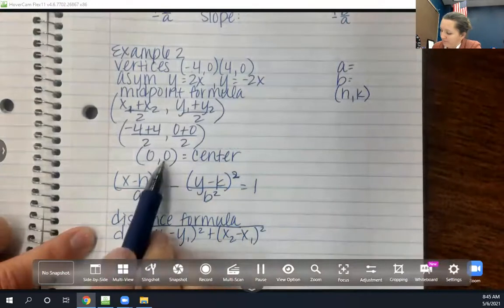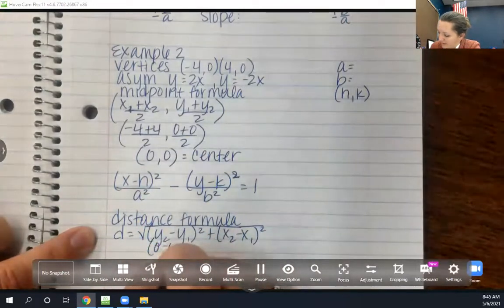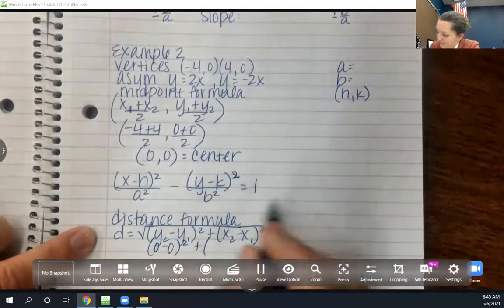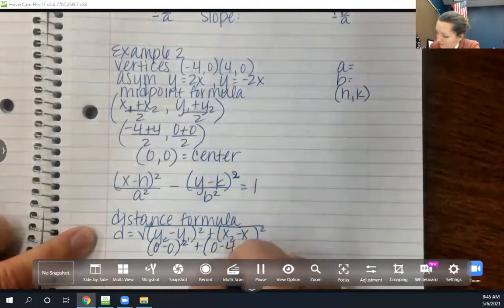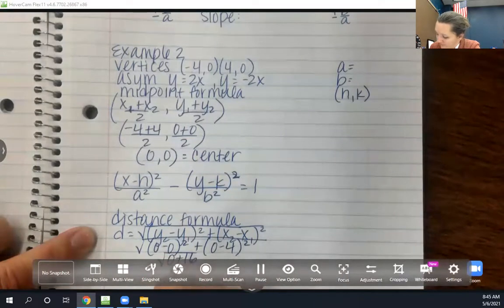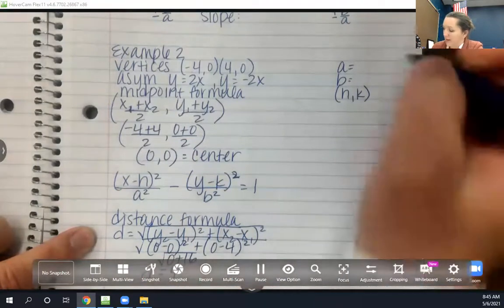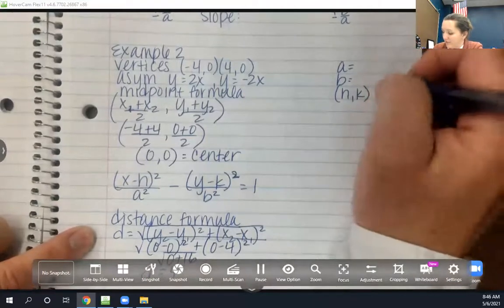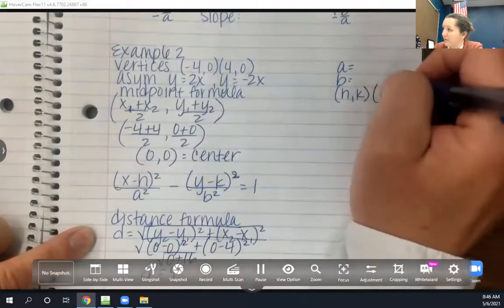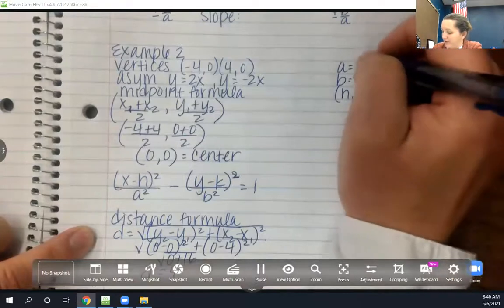All right, y's 0 minus 0, x's 0 minus 4. So we have 0 plus 16, and the distance is 4. So our center is 0, 0, and my A value is 4.